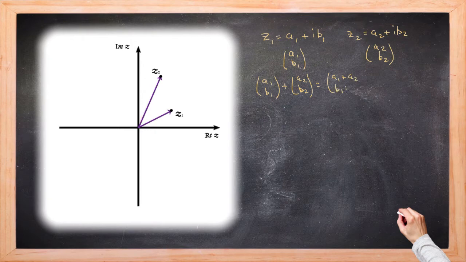And likewise, this means that the two complex numbers associated with these vectors can be added, and the real and imaginary parts correspond to these components.